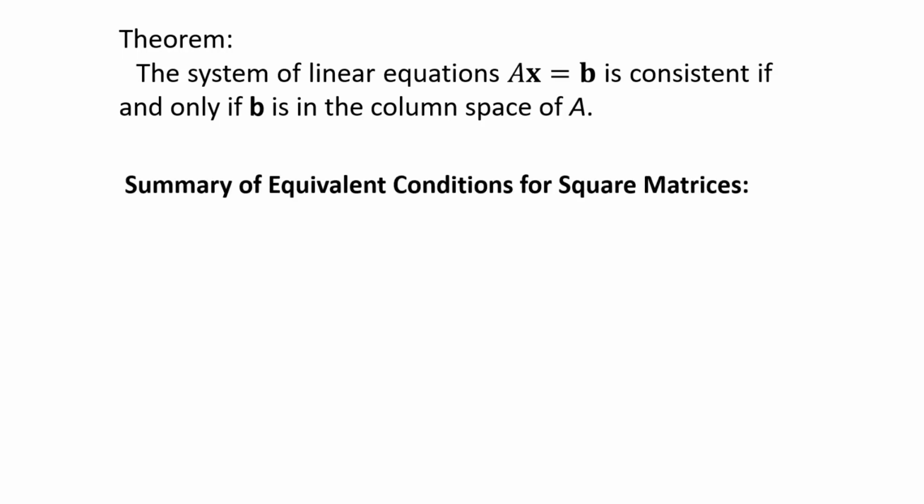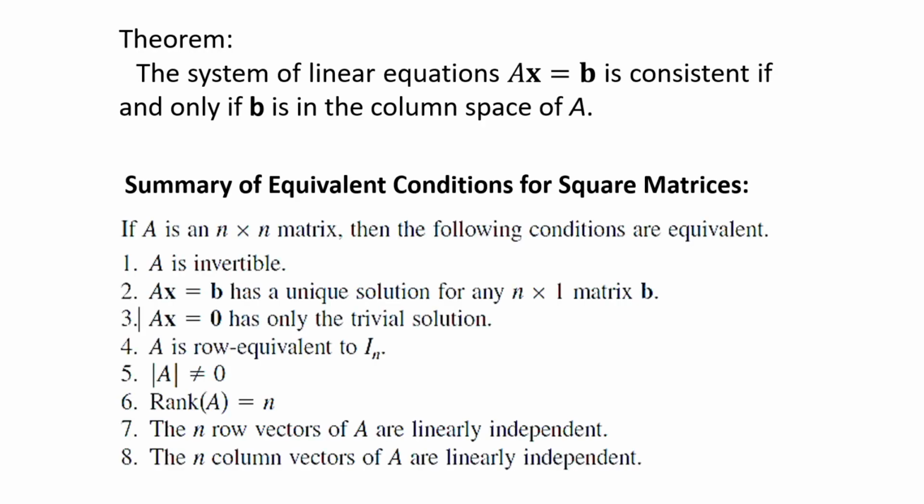And now we have the summary of equivalent conditions for square matrices. This summary represents several major results that involve matrices, determinants, vector spaces, and systems of linear equations. If A is an n by n matrix, then the following conditions are equivalent.